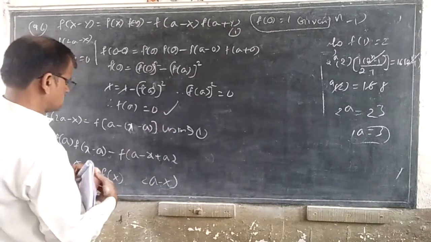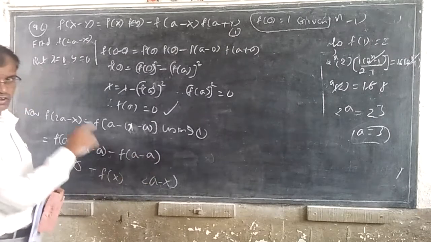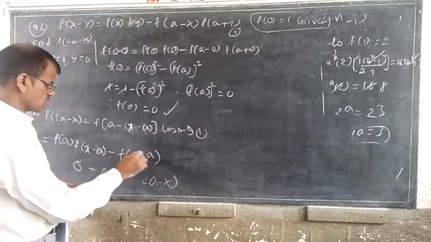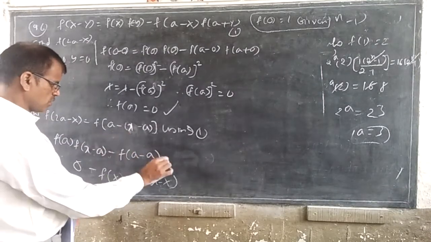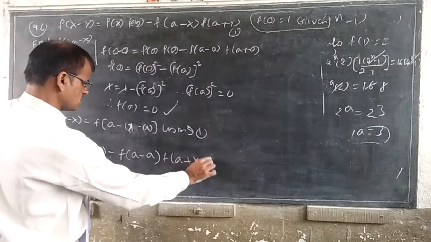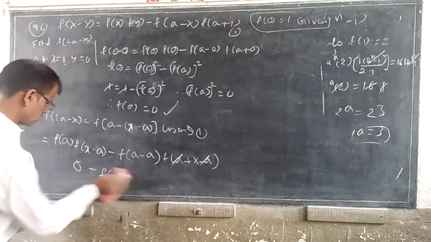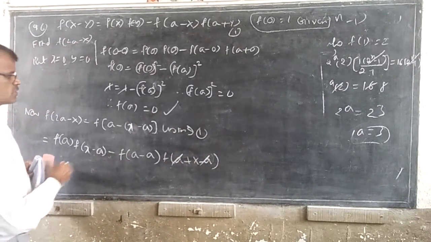A means a only, students. X means a, this is the wrong item. F of a minus x, x means a, y means this one, into f of a, a plus y means x minus a. This is right. A gets cancelled. It is 0. Yes.